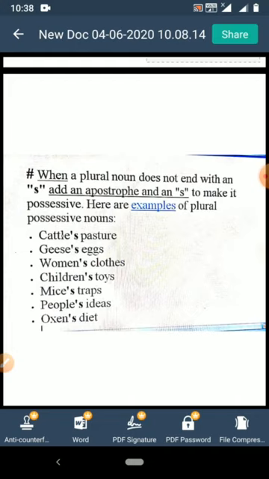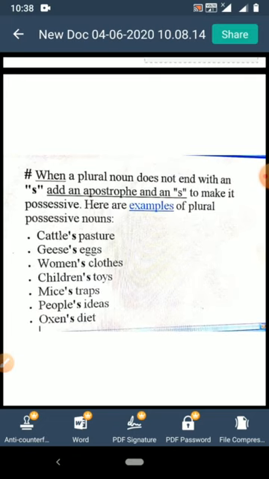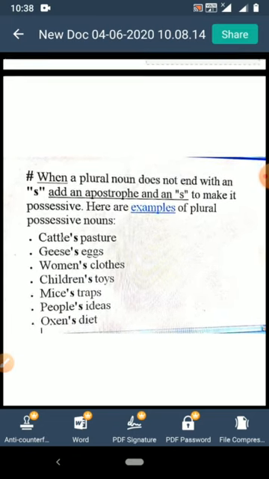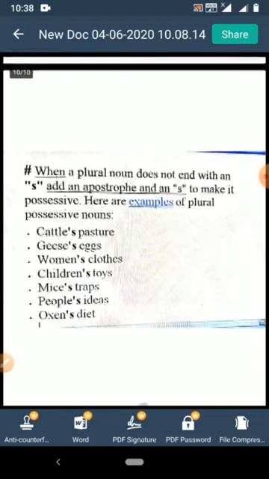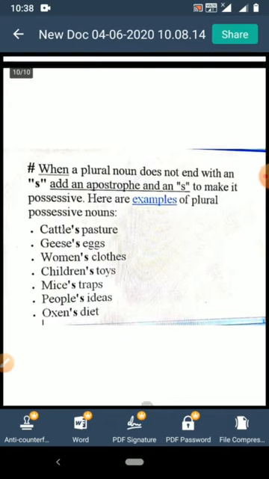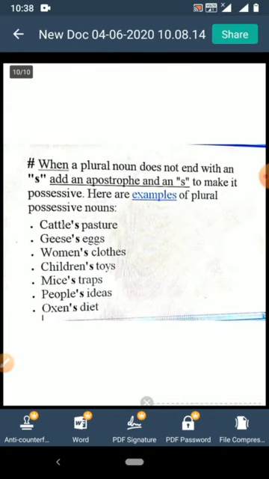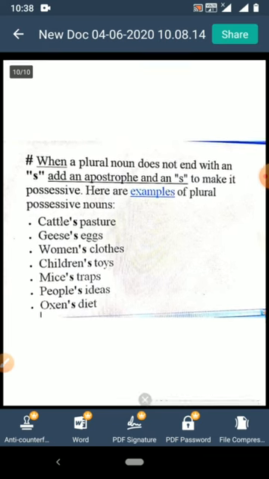Now these are all plural words which do not end with S. The first example, cattle's pasture. The word cattle is plural, but it does not have S at the end. So you have to put a sign of apostrophe after the word cattle, followed by an S.